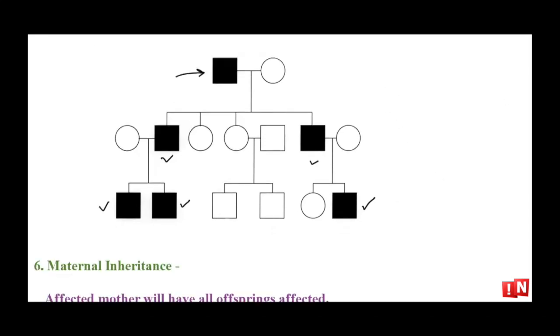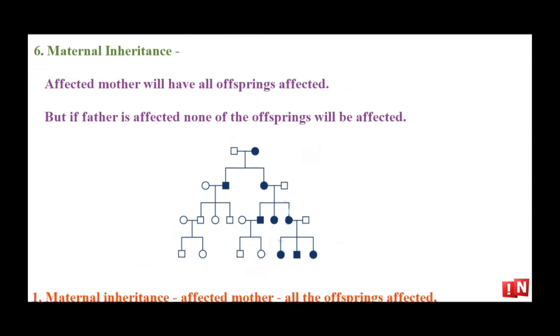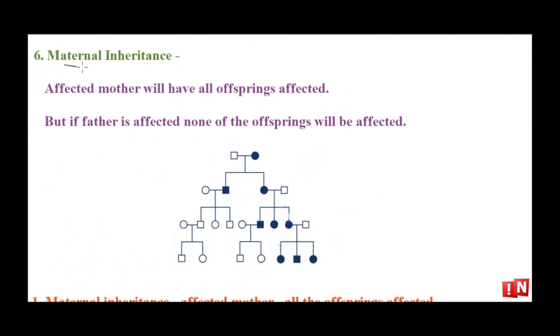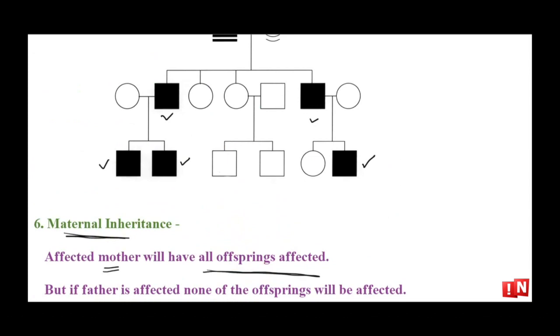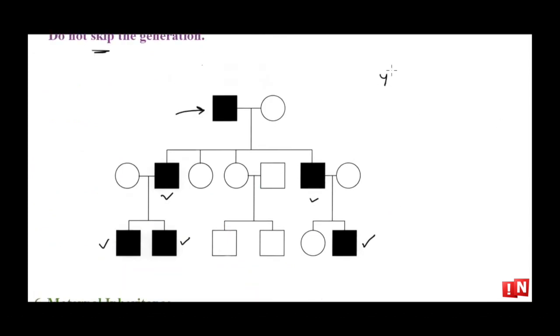Okay. And the last one is maternal inheritance, where the disease or the trait will pass only from an affected mother to all the offspring. Now here it was only father to son, because we are talking about the Y chromosome. Females don't get the Y chromosome.